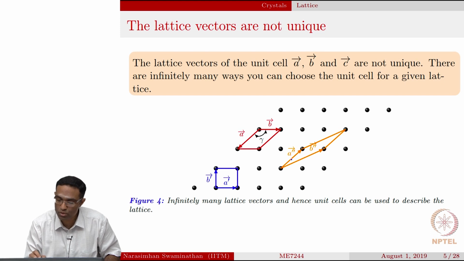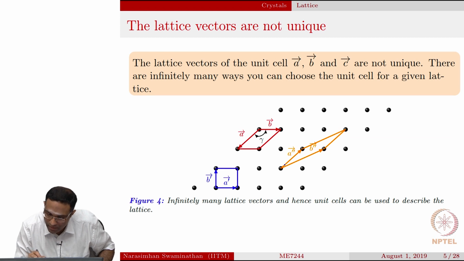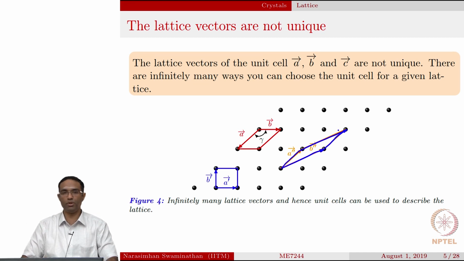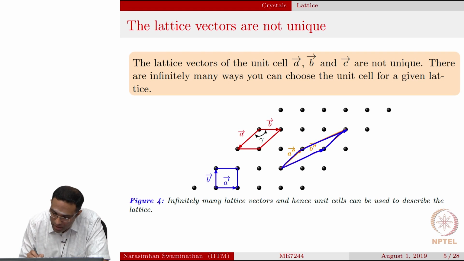Or you may also choose this complicated looking unit cell, which is comprised now of vectors A double prime and B double prime, forming this slightly more complicated, weirdly shaped unit cell. This also may now be repeated along A double prime to generate another unit cell here, right.